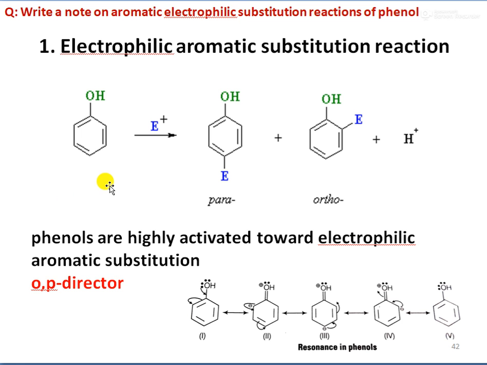In electrophilic substitution, E+ is an electrophile, and E+ will be attracted to the electron rich sites of the phenol, and we get the ortho and para isomers. So phenols are highly activated towards electrophilic aromatic substitutions, and the OH group in phenol is an ortho-para director.